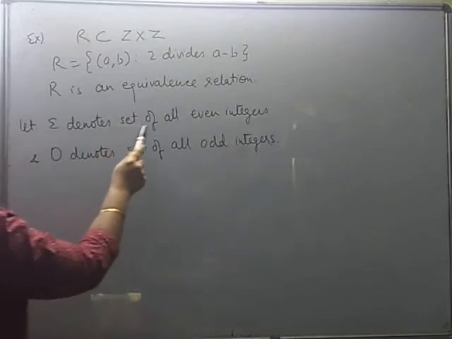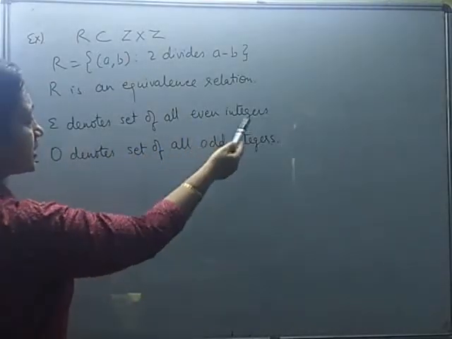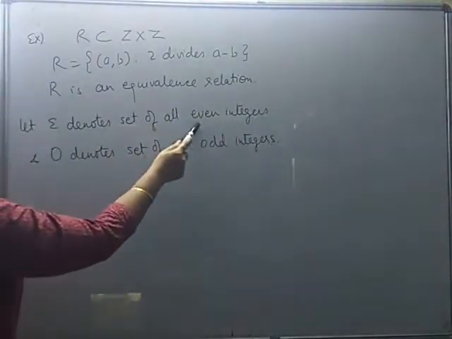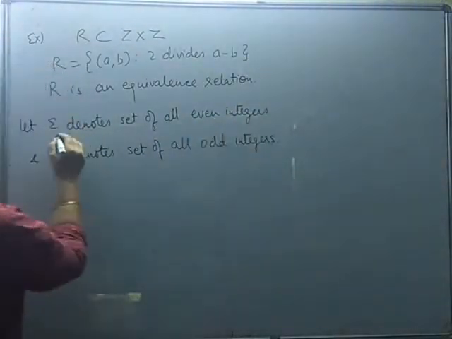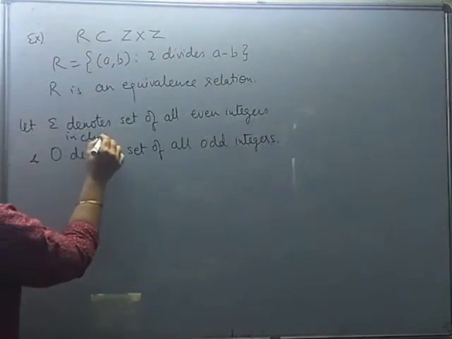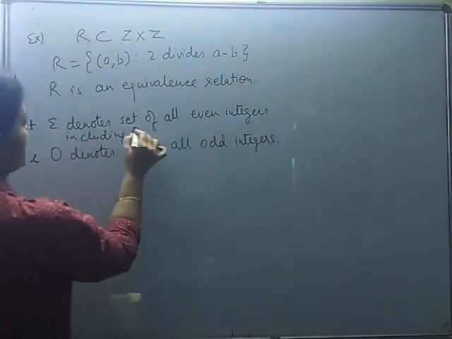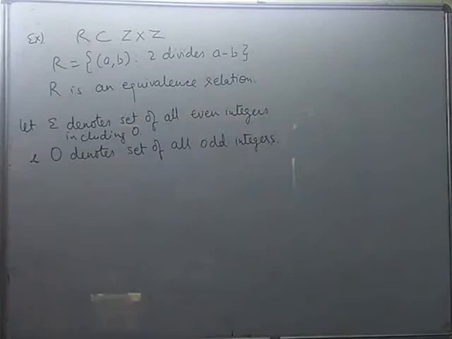E is taken as the set of all even integers, negative even also. So both even and odd numbers we are taking. All even integers, and here I'll include 0 as well. Then O is taken as the set of all odd integers. We are talking about negative odd integers as well. So you can see the entire set of integers is divided into two sets.